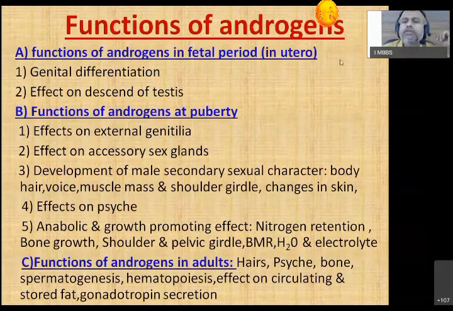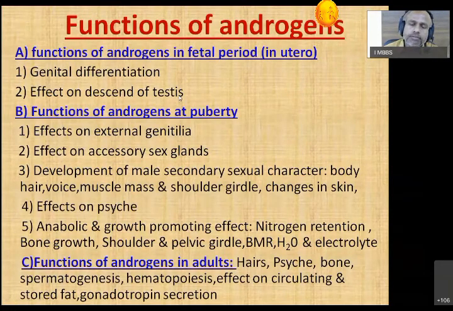Functions of testosterone. In uterine life, we have seen the genital differentiation. Internal genital organs are formed from the Wolffian duct by the testosterone hormone. External genital organs are formed from the common anlagen by dihydrotestosterone. The high concentration of testosterone in intrauterine life helps in the descent of the testes.